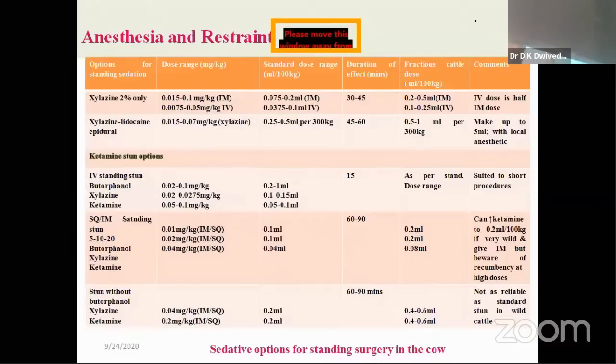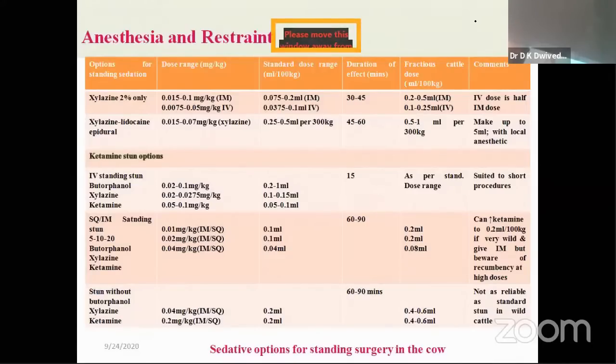If you are going for the standing approach for performing the C-section, then you might require some anesthesia or sedation for restraining the animal. We have different drugs for restraining, and different combinations are there. For standing sedation, you may use xylazine 2%, and if you are using only xylazine 2%, the dose rate is 0.075 to 0.2 ml intramuscularly per 100 kg body weight.